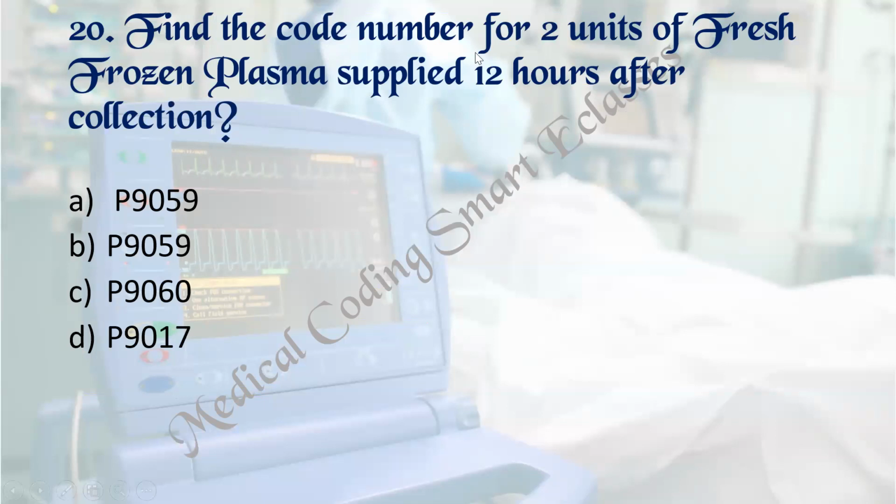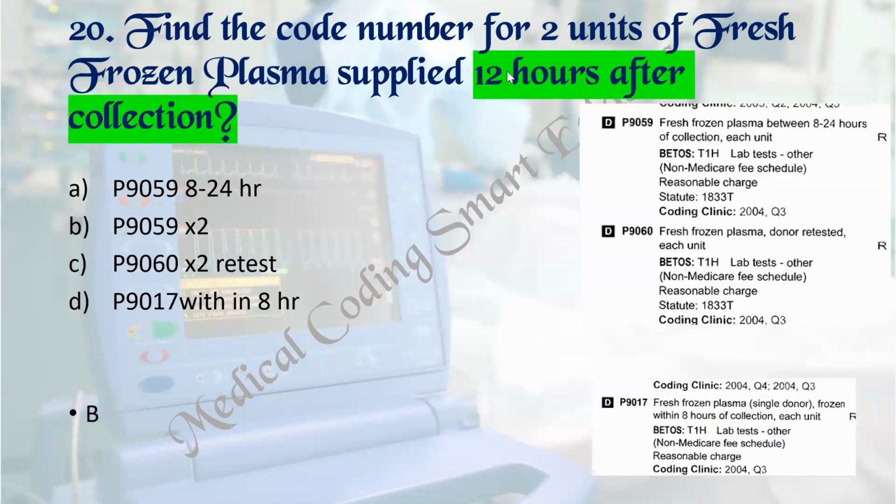Find the code number of 2 units of fresh frozen plasma supplied 12 hours after collection. So P9059 is fresh frozen plasma between 8 to 24 hours of collection. And 9060 is retested. 9017 is within 8 hours.